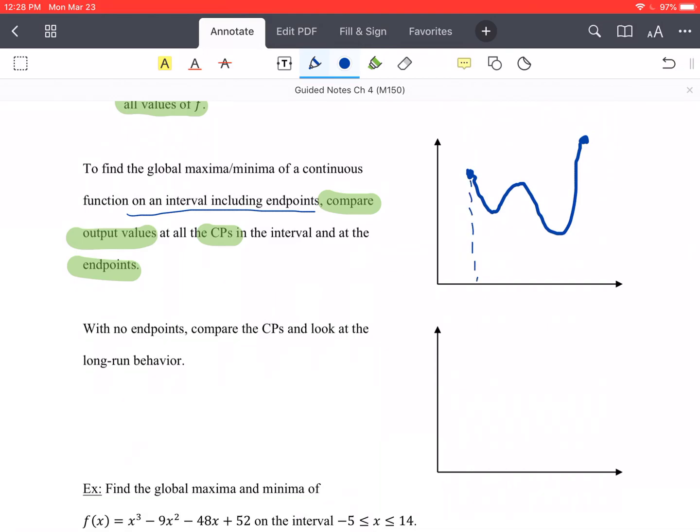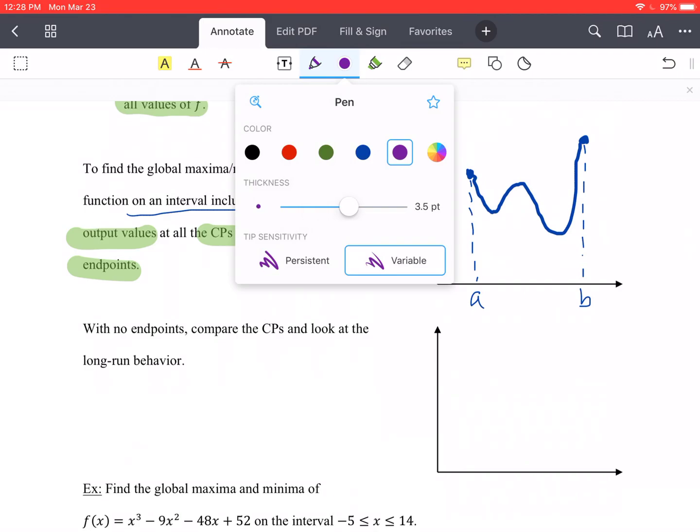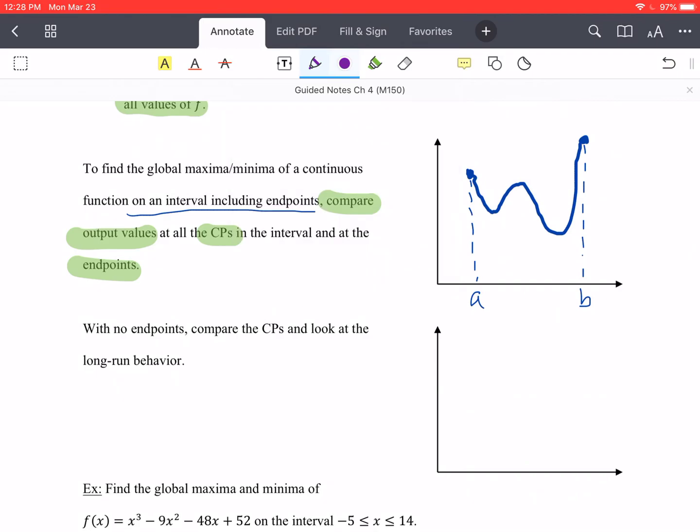We'll pretend this looks a little bit nicer, but we'll go from A to B. And then when we're trying to identify these maxes and mins, I can see right here that looks like a local min, that looks like a local max, that looks like a local min.